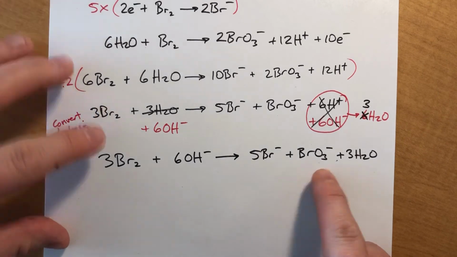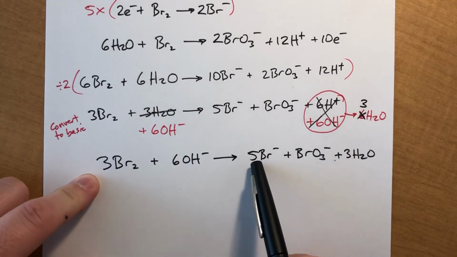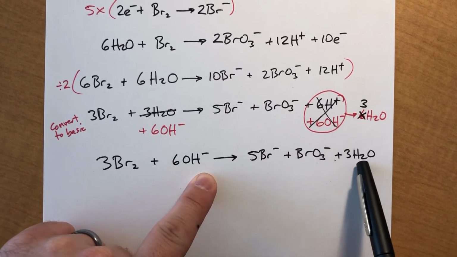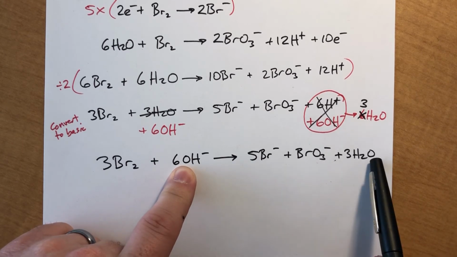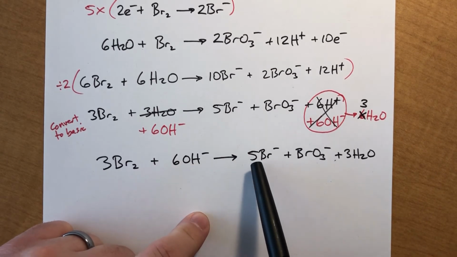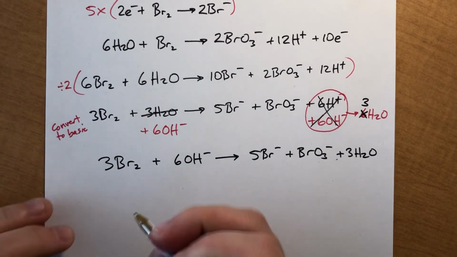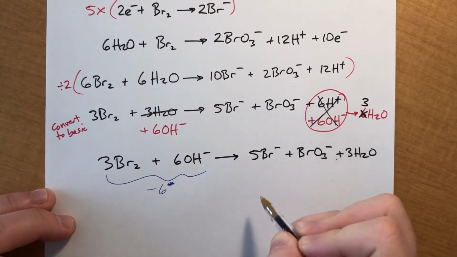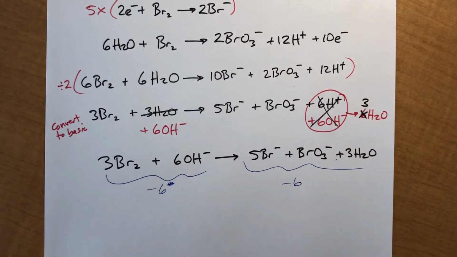In terms of balancing, we have 6 bromines, 5 plus 1 is 6. We have 6 hydrogens, and 6 oxygens, there's 3 and another 3 would be 6. The charges: this side is 6 times -1, so -6. This side we have -5 and -1, which is -6. So everything's balanced and it's basic at the end.